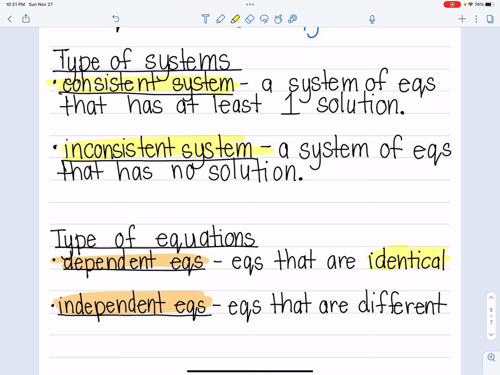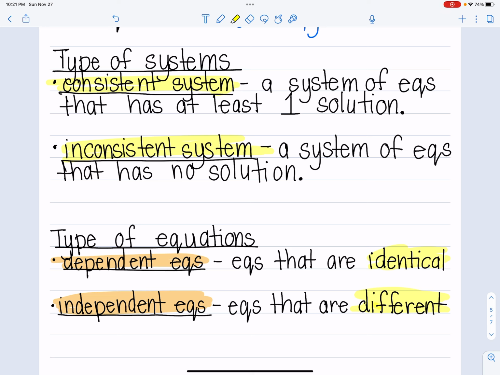Independent equations are equations that will always be different, no matter if you simplify them or solve them for y, they would be totally different. So identical equations, when you simplify them, end up being exactly the same. An independent equation is when the two equations are different.